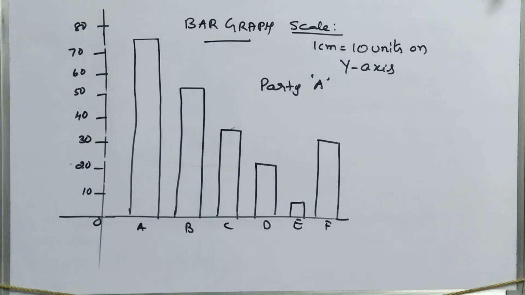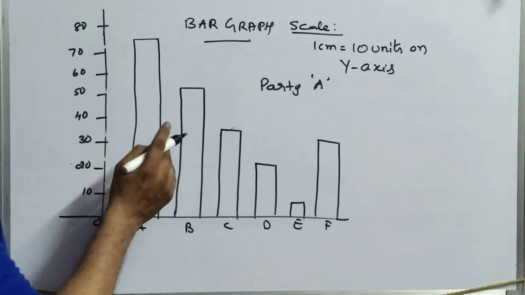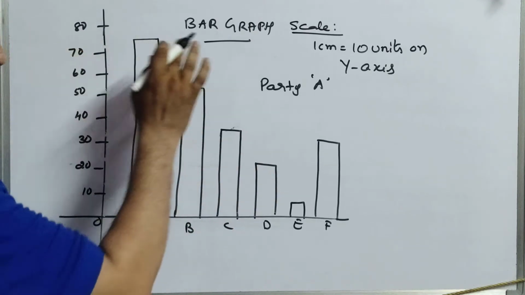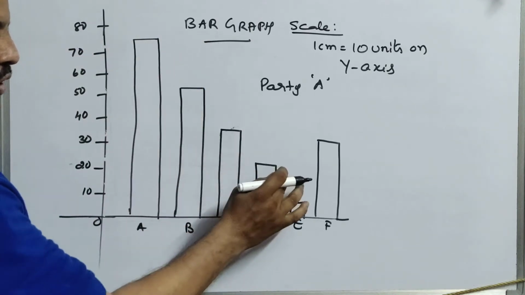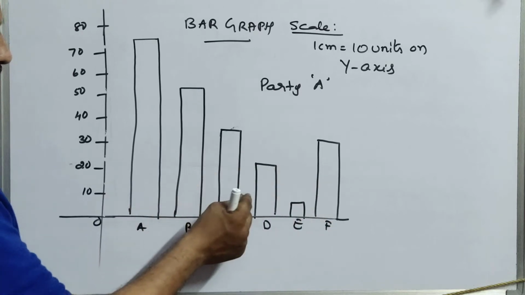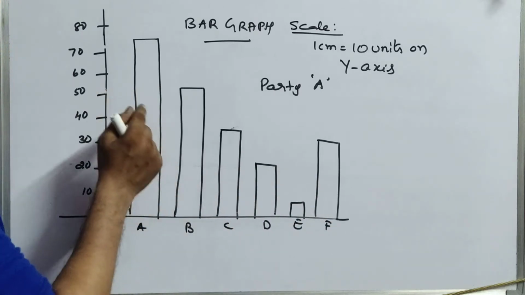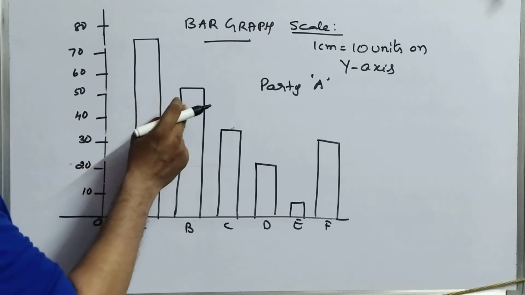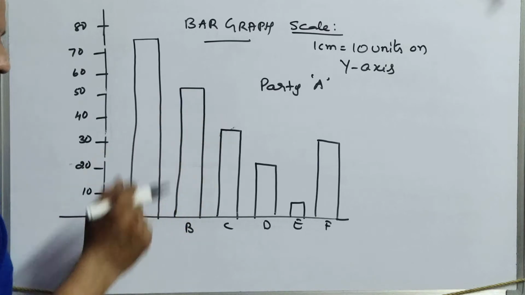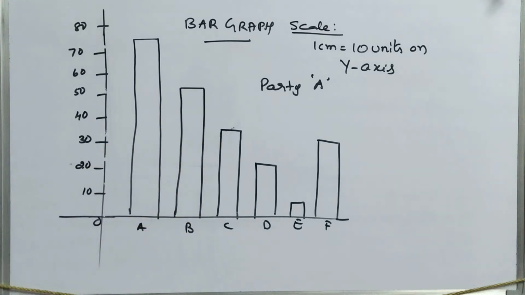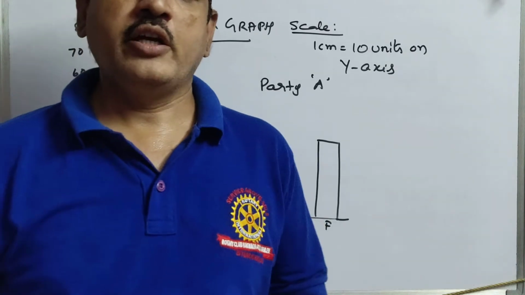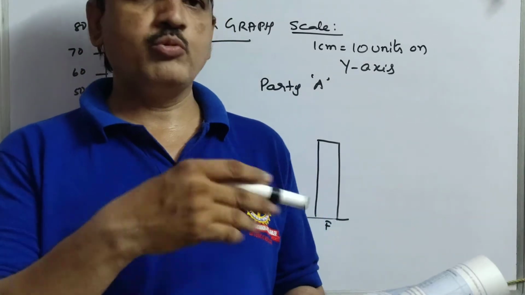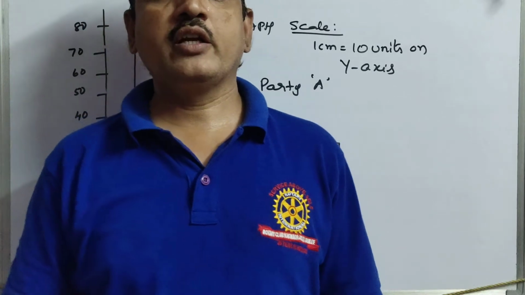Now coming to the histogram, if you see, for a bar graph you can see gaps between the rectangles, whereas in a histogram there will be no gap between the rectangles. I'll show you, just observe it clearly and draw it in your graph book. So one more sum is there, children. Listen very carefully.